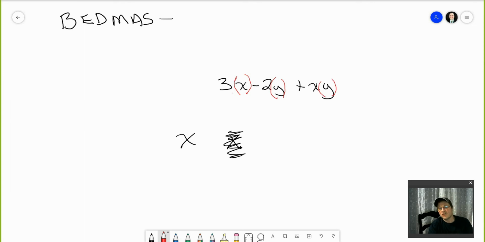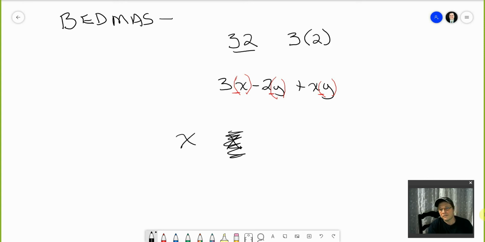So if there is no symbol between two literal numbers, or an arithmetic number and a literal number, then it's multiplication. Now, that's not true about arithmetic numbers, right? If I see a 3 and a 2 beside each other, that's 32. It's not 3 times 2. If this was 3 times 2, then you would write it with brackets.